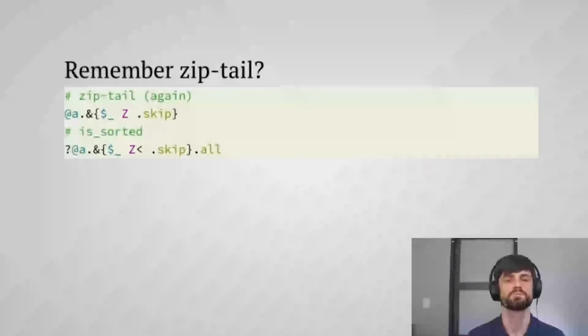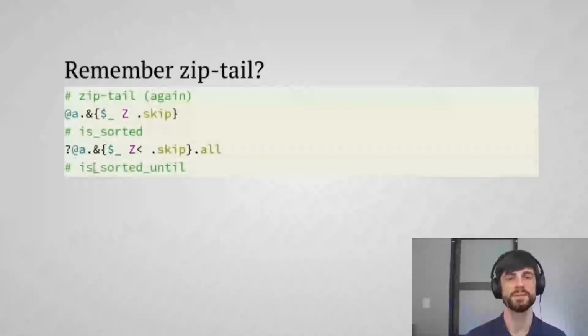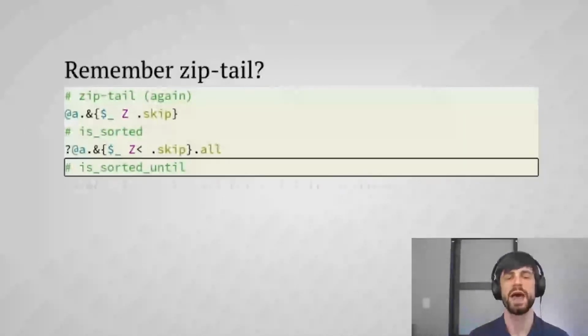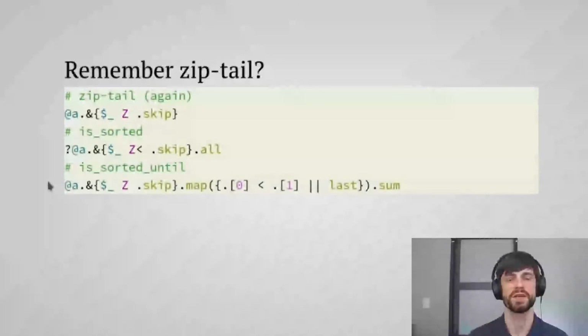All right, so we can do something very similar with isSortedUntil, except instead of directly passing our operator to zip as a meta operator, we will just do our normal Ziptail and get pairs, and then map over those pairs and test whether each item is sorted.